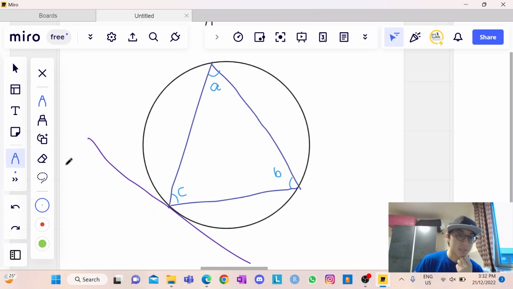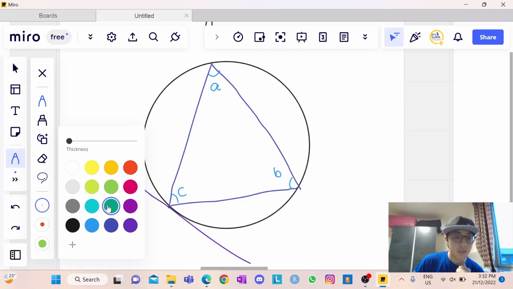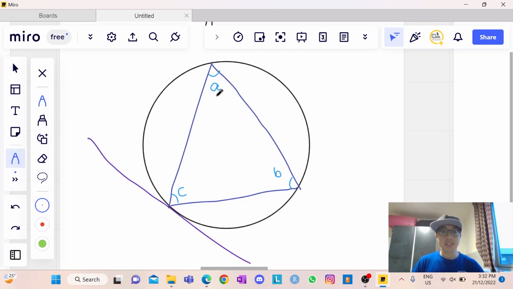It will just make it more messy. So what you will need to remember is, if this is A, then this part will be A degrees, and same thing, this part will be B.